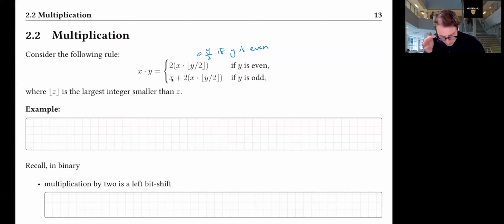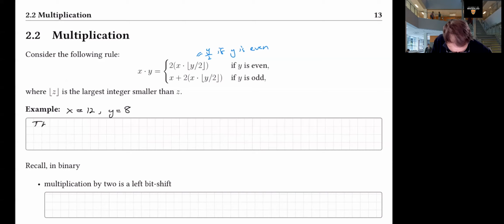So let me give you an example of each just to show you what I'm saying. Let's say x is 12, and y is 8.